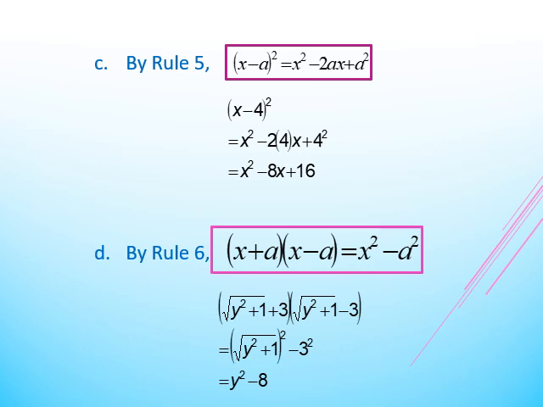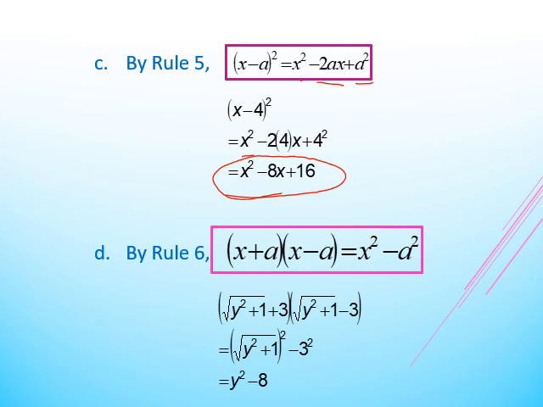Another example by using rule 5, that if we have x minus a all to the power 2, we can get three terms from this value, which is x squared minus 2ax plus a squared. Let's take a numerical example. x minus 4 all squared equals x squared minus 2 times 4x plus 4 squared. So the final value will be x squared minus 8x plus 16.